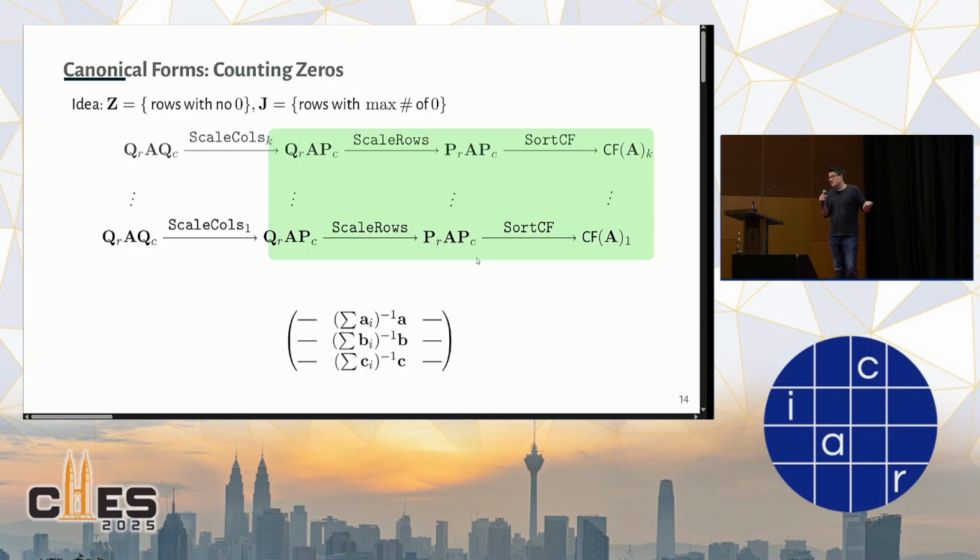The one with the most zeros, right? So we only focus our computations on those rows which have the maximum numbers of zeros, which are in ZJ. Note that this only works because the scale columns, scale rows function here does not alter the Hamming weight of an input row. It changes all values, but a 0 will always be a 0, and no other value will be mapped to a 0.